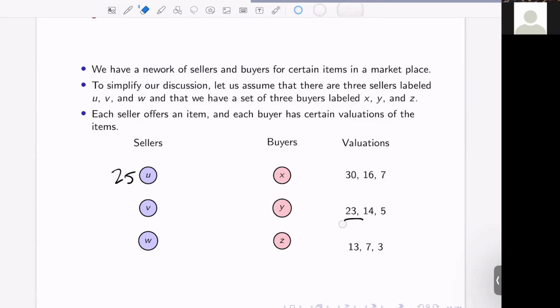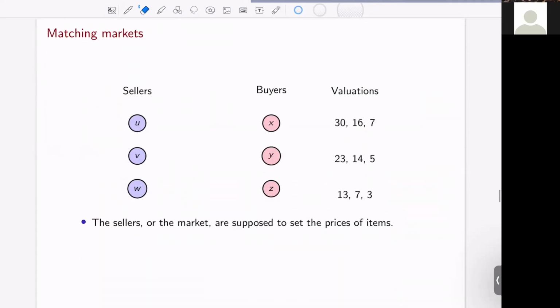So let me move on. I'm a market designer. I look at this kind of marketplace, and I have a right to set the prices of these items. My goal is to match these items to buyers.